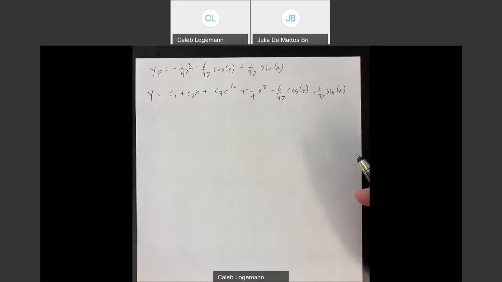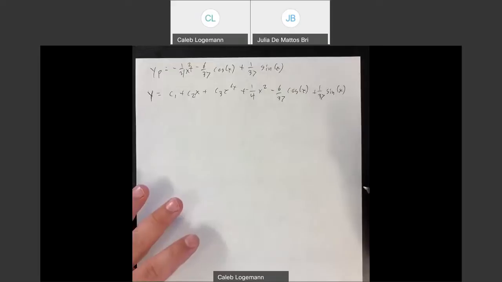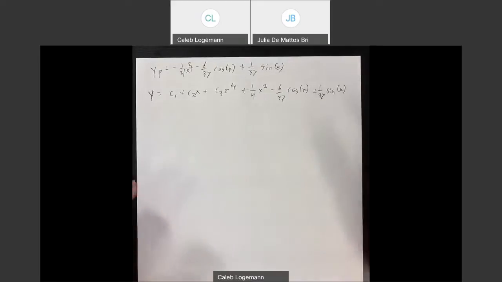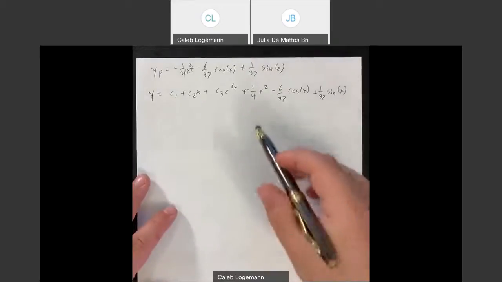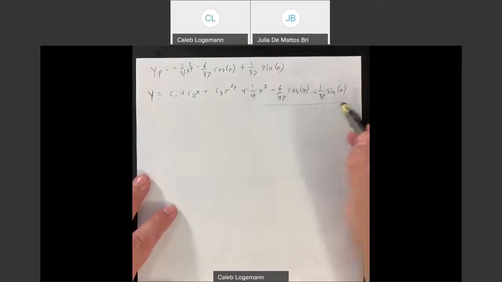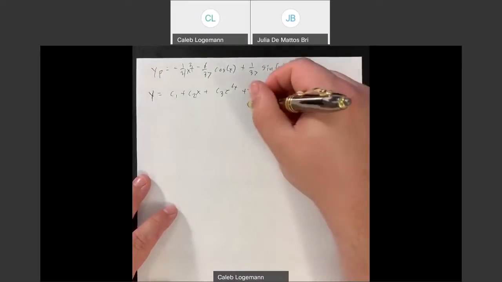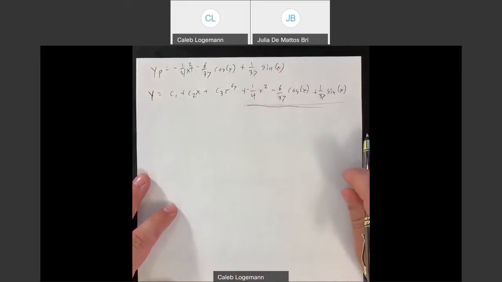If you can't seem to solve those equations, you need to go back and change your guess, increase the order of the polynomials perhaps, try again, and see if you can solve those equations. So it's really just guessing and checking. And if you make smart guesses, then things work out and you're able to find these particular solutions, which allows you to solve the non-homogeneous equation.